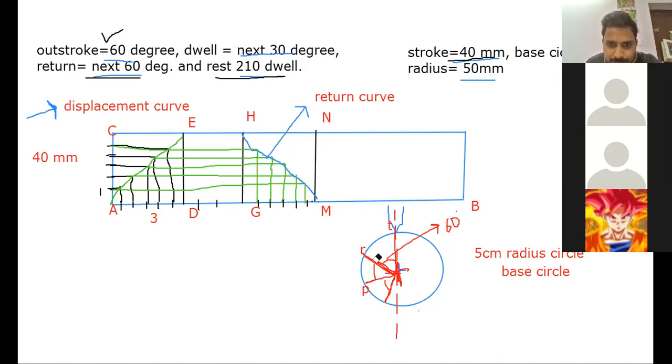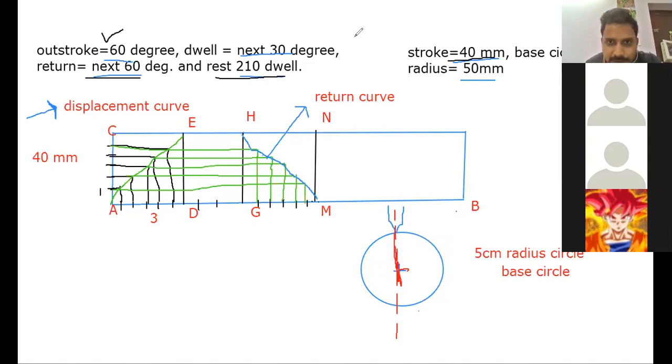Please follow here. So let me rub all these things. Correct. So the question says the outstroke, that is for 60 degree movement of cam, the follower will move to the topmost point. So what I am doing here is from this point, because initially I will take this as 0 degrees.